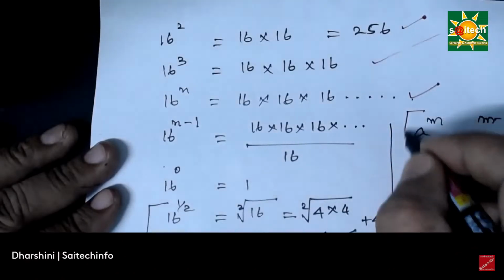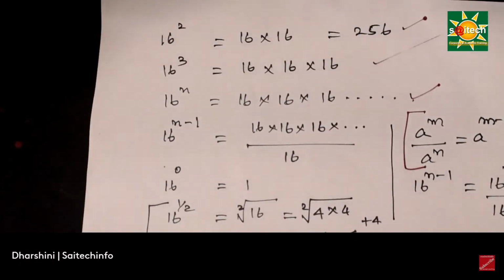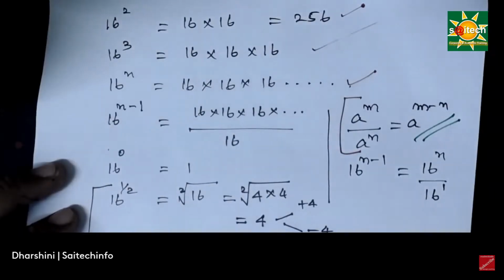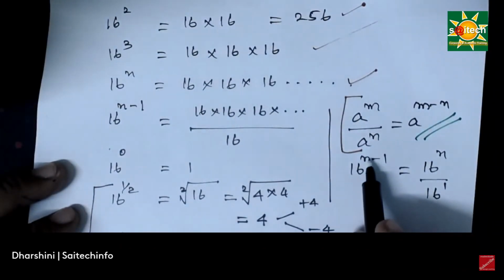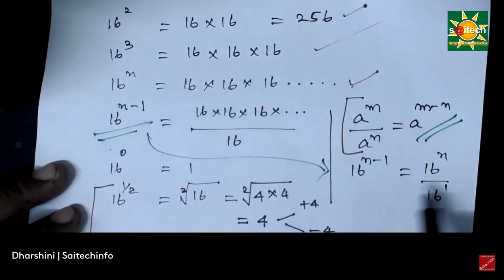We can apply the formula here, that is a power m divided by a power n is equal to a power m minus n. So we can indicate this one. Okay. So in that case, 16 power n minus 1 is nothing but 16 power n divided by 16 power 1.